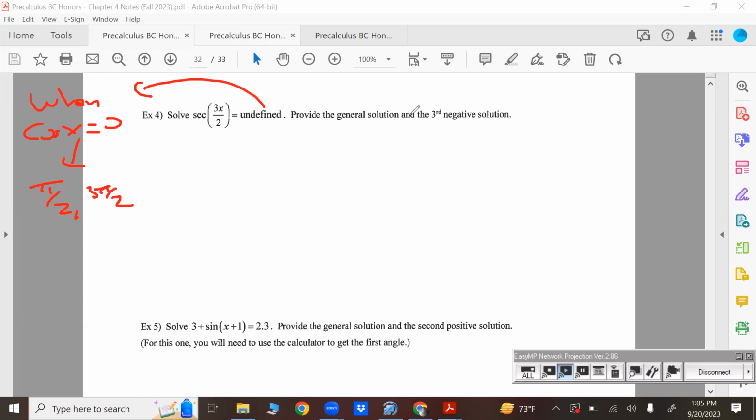Okay, let's back up. So yes, pi over 2 and 3 pi over 2 is where it happens. So 3x over 2. And actually it might be easier to use 2 over 3x equals. Yeah, you can say this.